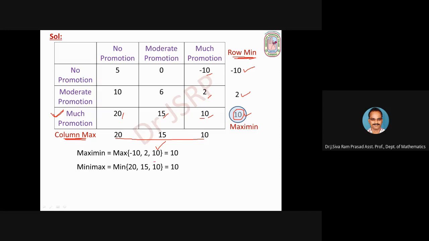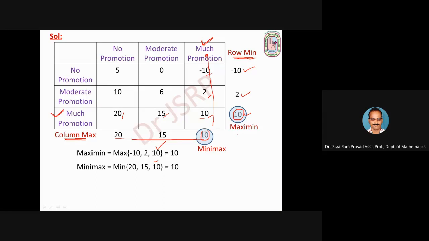So minimax equals the minimum of these maximum values 20, 15, 10. So the minimum is 10. So this is the minimax value. The minimax strategy for player B is the corresponding strategy, much promotion.